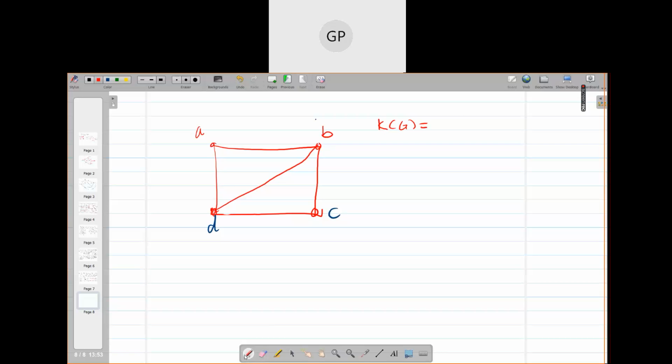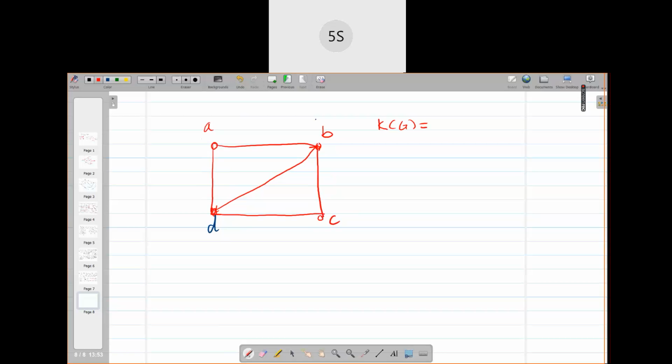If I delete A and C, then these edges also go away. Is the graph disconnected? No. What else can I try?